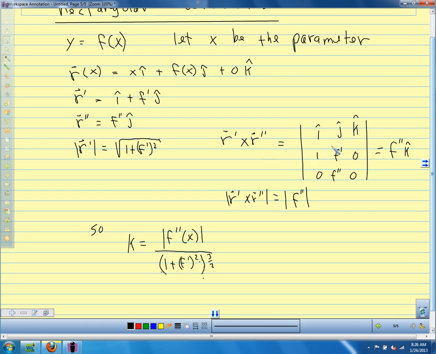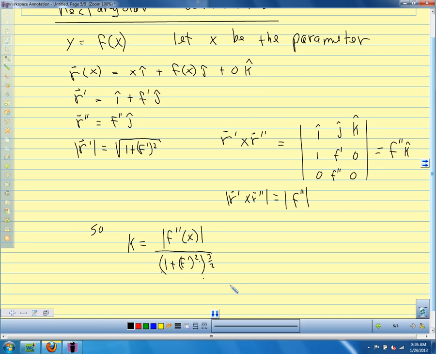Because when we do this cross product, it comes out to be f double prime k hat as our vector, and when we take the magnitude of that, it's just the square root of f double prime squared, which is the absolute value of f double prime. So this is how we're going to calculate curvature in rectangular coordinates. Questions?